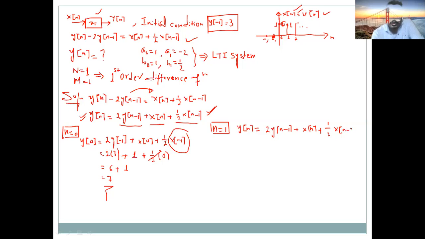Okay, so let's calculate now for n is equal to 1. So it will be y of 1, output when time becomes 1, is equal to, substitute n here, 1. What will be this? 2 times y of 1 minus 1, it will be y of 0, plus x of 1, x of n becomes x of 1, plus half x of, when n is 1, 1 minus 1, x of 0.